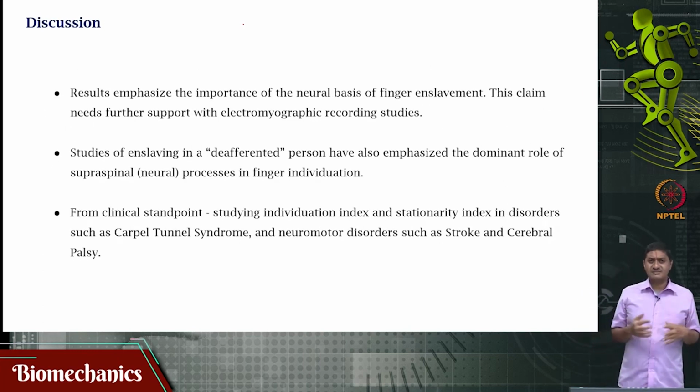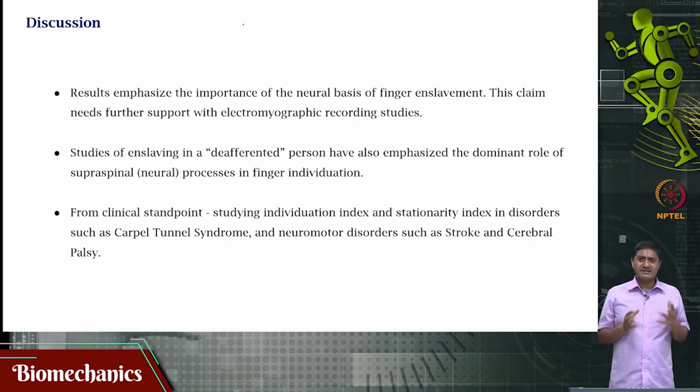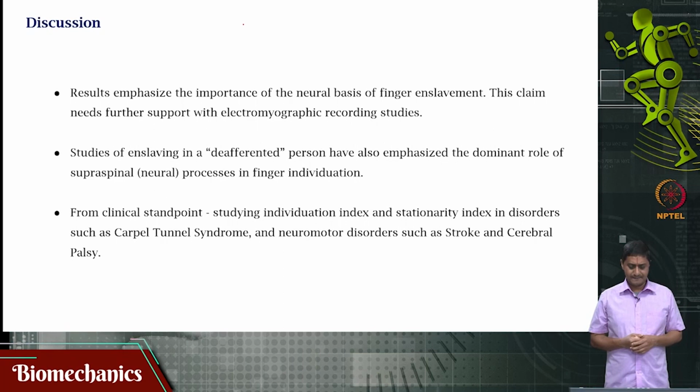So from all this taken together, these results mean that neural factors dominate finger enslavement. Finger enslavement is mostly due to neural factors, right? Of course, it would be good if we can establish this with the help of electromyography, checking whether a given muscle is active during a particular task or not.